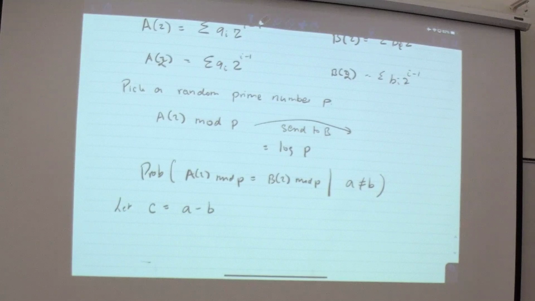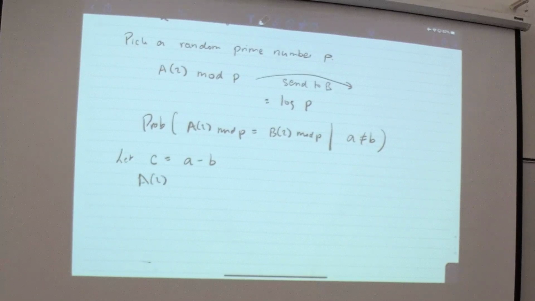That bad event will happen if A of 2 mod P is equal to B of 2 mod P. You should be careful, this is A of 2, and this is B of 2, actually values. So A of 2 mod P equal to B of 2 mod P is the event, which corresponds to C, right? Because if they're both equal, the difference is going to be 0 mod P, which means that P divides C.